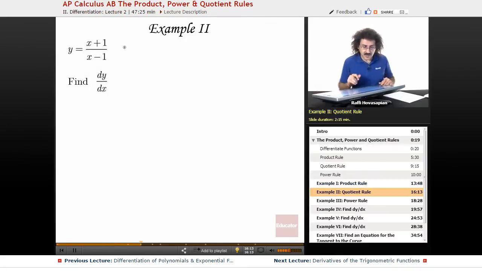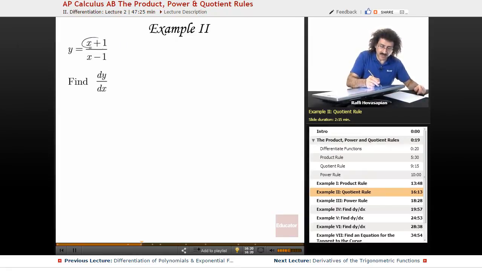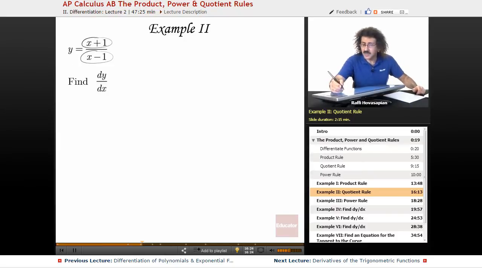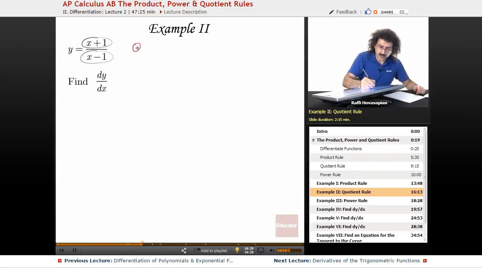Okay. y equals (x plus 1) over (x minus 1). Okay, this one, so we have f here, and we have g here. You know what, I think I'm going to go ahead and do this in red. So this is going to be quotient rule.